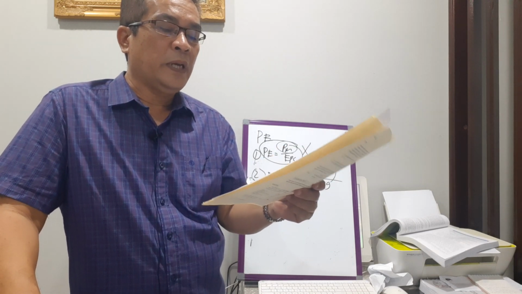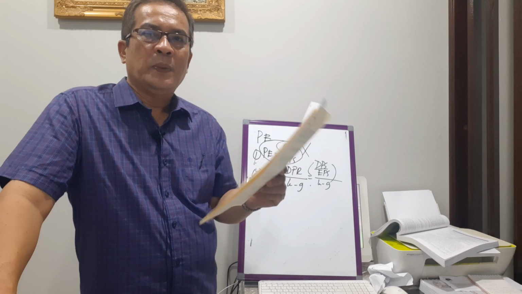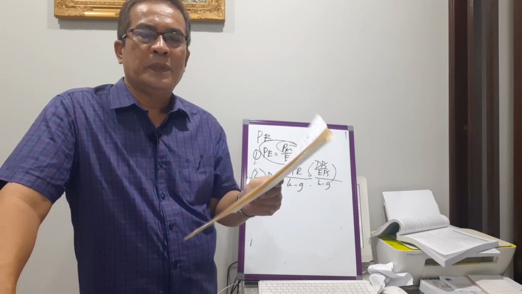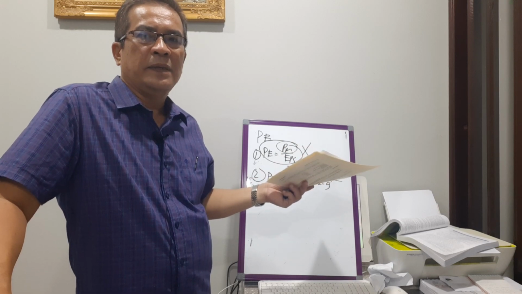K is given as 10%, so you don't have to calculate it. Now the problem is we need to calculate G, the dividend growth rate, using the formula that I mentioned just now.